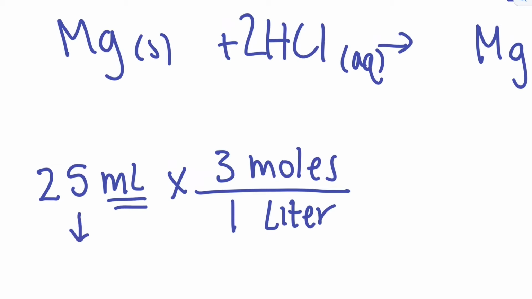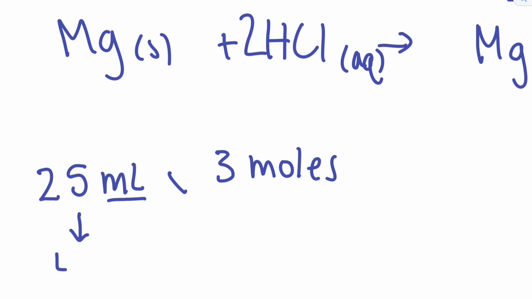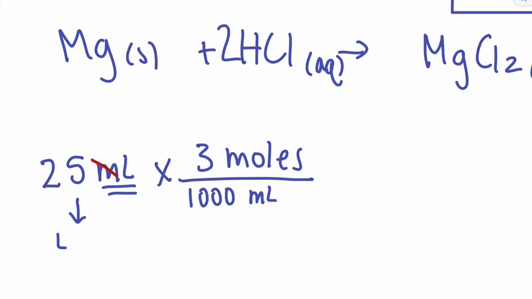You can first convert this into liters, or you can convert the 1 liter into milliliters. I personally find that an easier thing to do, so I'm going to do that. 1 liter is equal to 1,000 milliliters. And you'll see that my milliliters cancel out, and this math work would be 25 times 3 divided by 1,000, which is 0.075 moles of HCl.